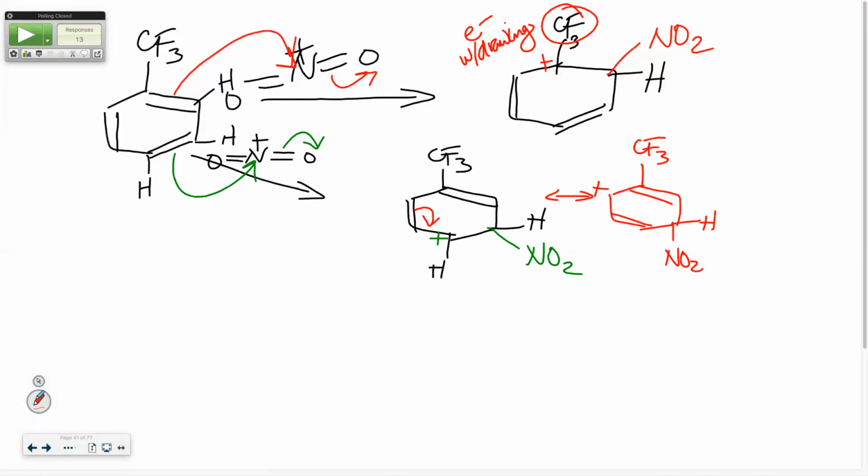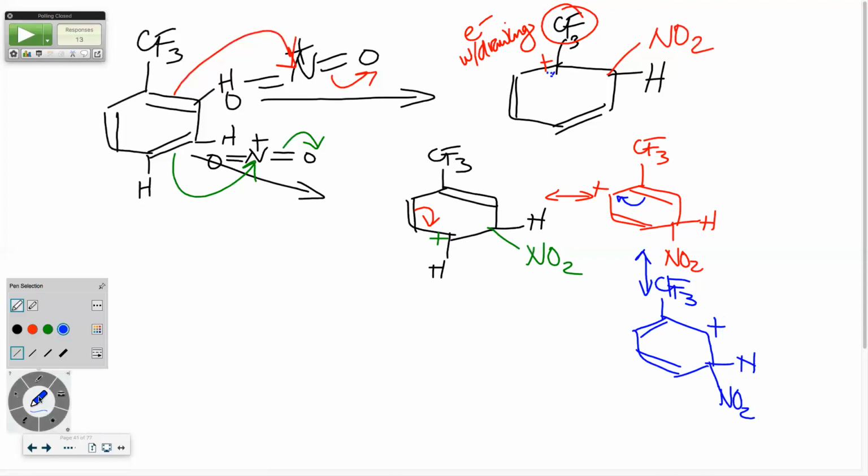What if I do another resonance form and go like that? Notice what doesn't change. I'm going to draw what doesn't change. That's an F. It doesn't look like one. Now that double bond is over on the left side. And where's the plus? It's over here. So did the plus ever end up on the carbon the CF3 is on? Did it?